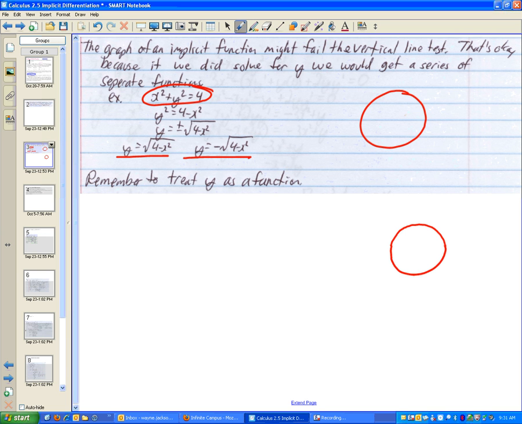Whereas after I teach you how to do implicit differentiation, you only have to do one derivative. So our equations that we're calling implicit functions may actually be a family of functions.